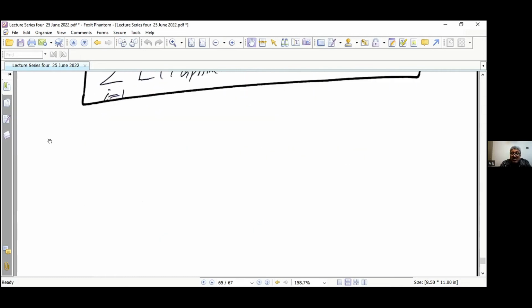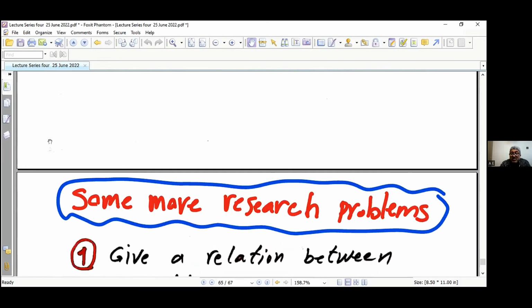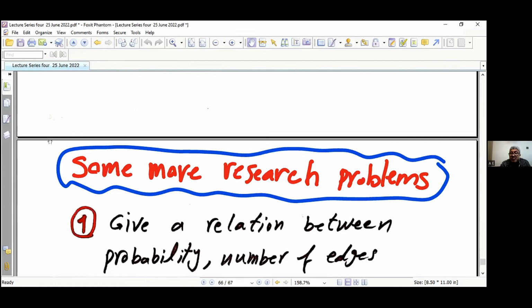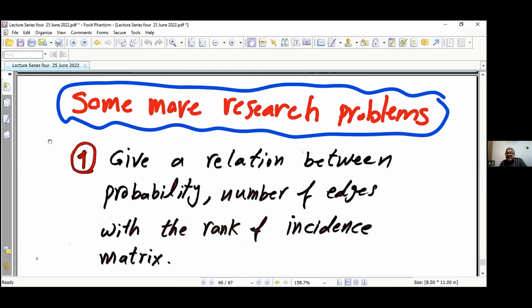Right, now let me give some more research problems. Of course, each of them can also be one more project. The first thing is to give a relation between probability, number of edges, and the rank of the incidence matrix.